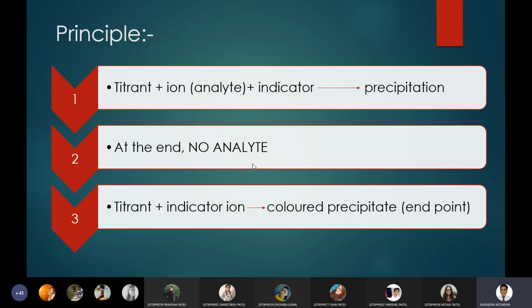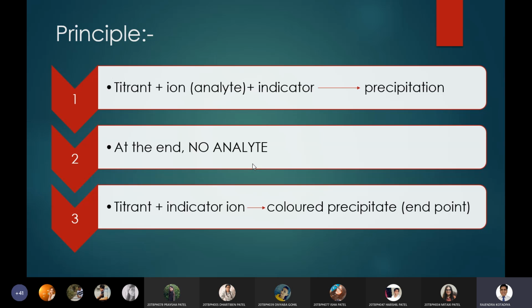So it is just like a simple acid base titration, but the mechanism will be the formation of a precipitate. At the end no analyte will be there, so when you add your titrant it will react with the indicator ion and you will find a colored precipitate. That will be our end point.